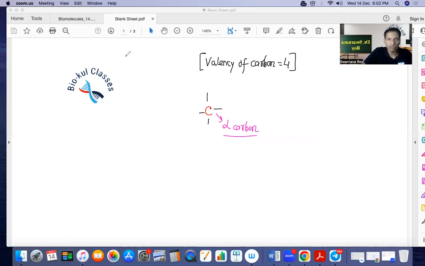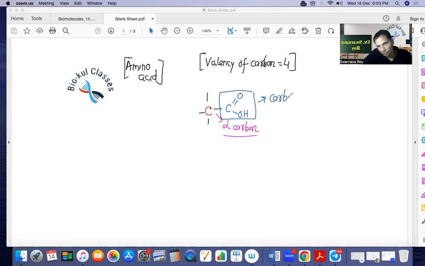In case of an amino acid, the carbon bonds with, as I said, a carboxylic acid, and it also bonds with an NH2, the amino group, and with hydrogen.